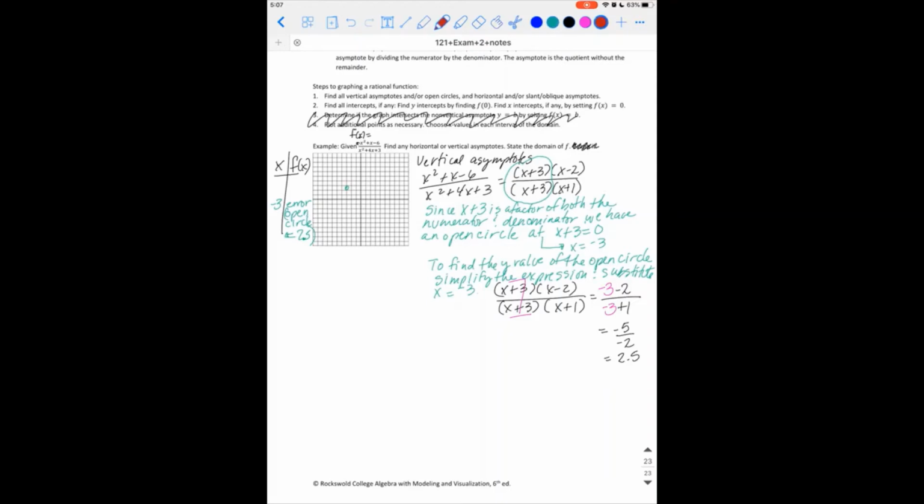Now, what's left is this denominator, which I'm going to put here. To find the vertical intercept, the vertical asymptote, my bad.